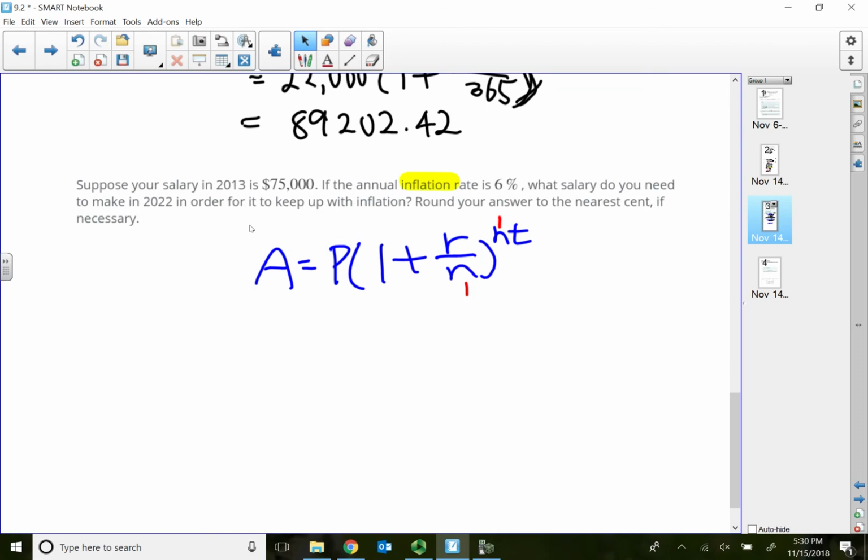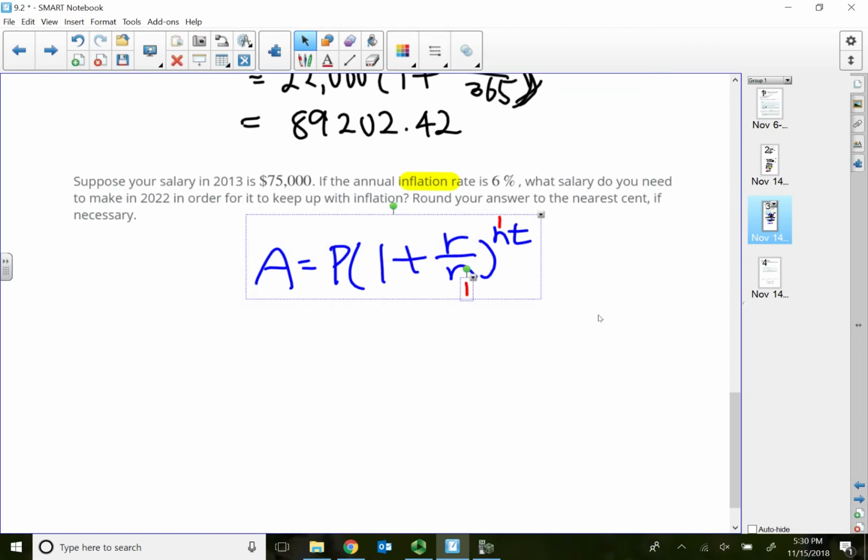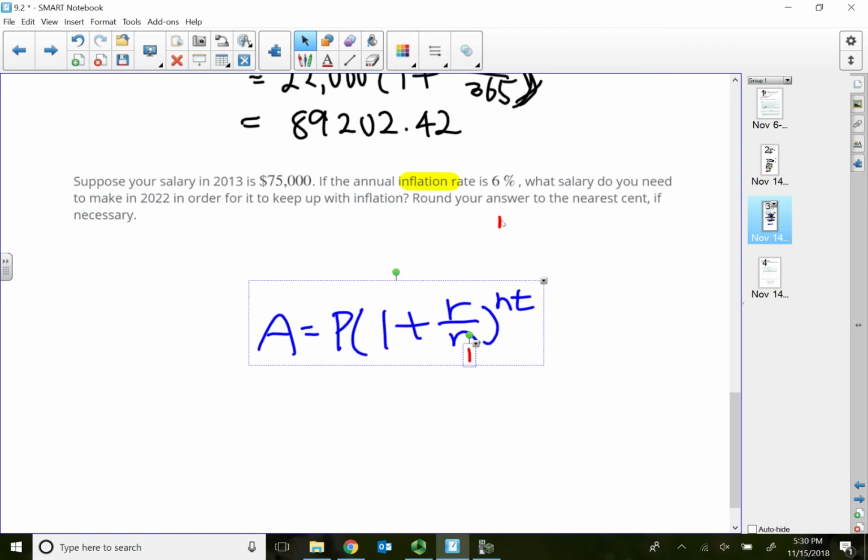This is an example of what we call the cost of living increase. If you're making $75,000 and when you retire, after all those years, you're still making the same amount of money, you're actually losing money. You're not keeping up with the cost of living. That's the reason why a company periodically will give you a raise due to the cost of living.